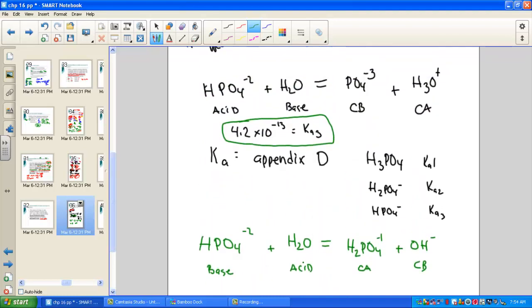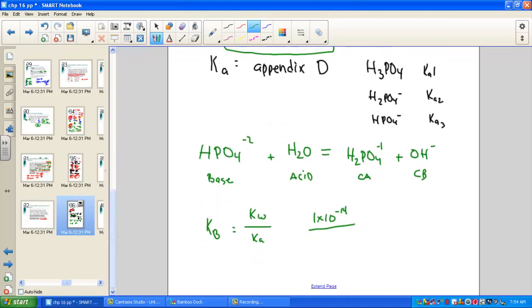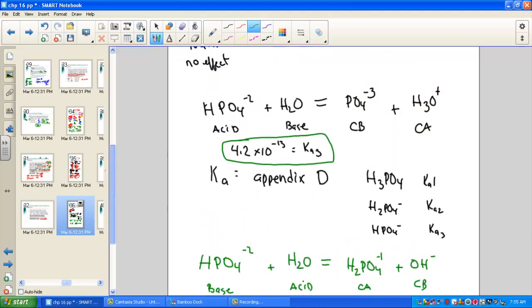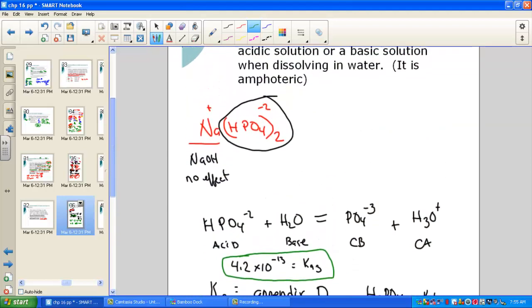So when we look at this value here, 4.2 times 10 to the negative 13, we can turn this into the Kb constant for this expression. Let's take a peek. 1e negative 14 divided by 4.2e negative 13, and I get a Kb value of 0.0238, so 0.024.